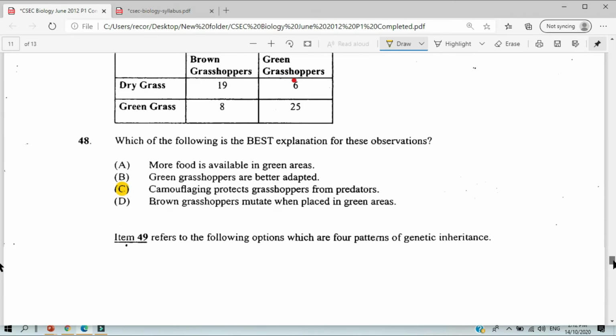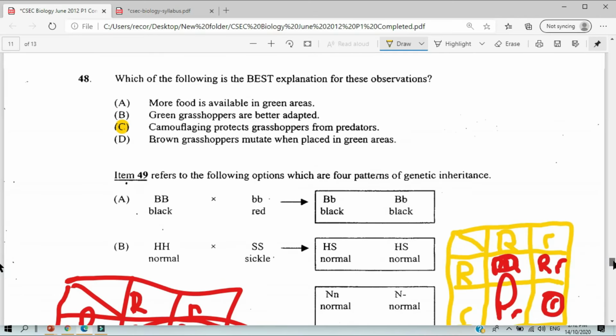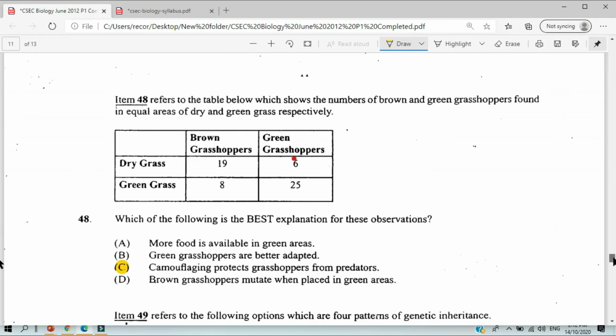So we are going down now to 48. And 48 refers to the table which shows the number of brown and green grasshoppers found in equal areas of dry and green grass respectively. So in the dry grass, we had 19 brown grasshoppers and 6 green grasshoppers.